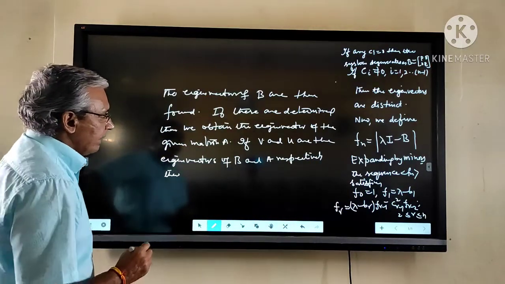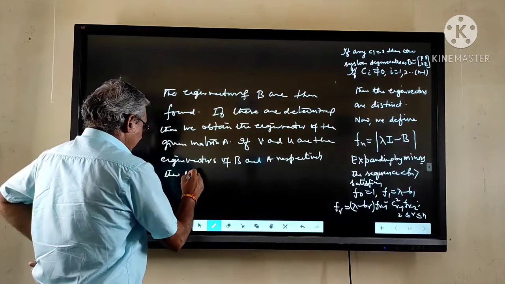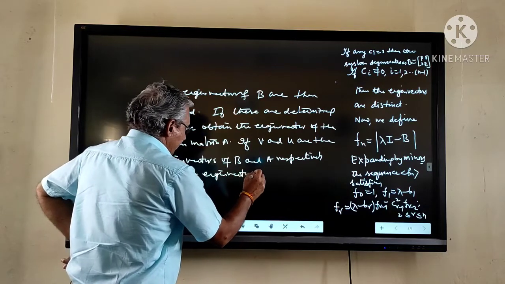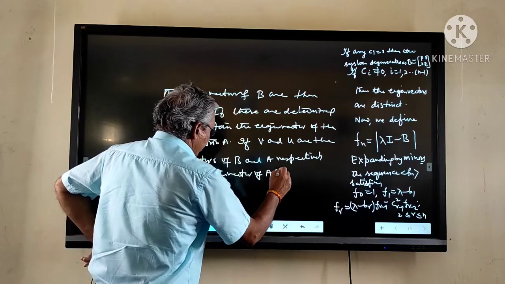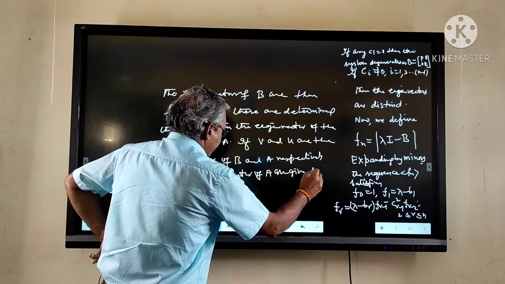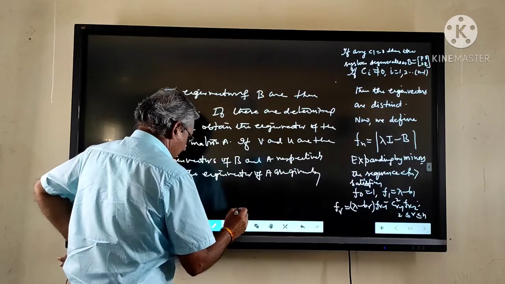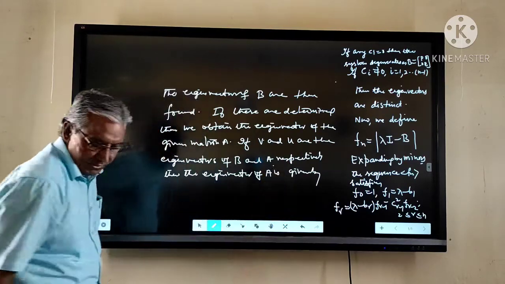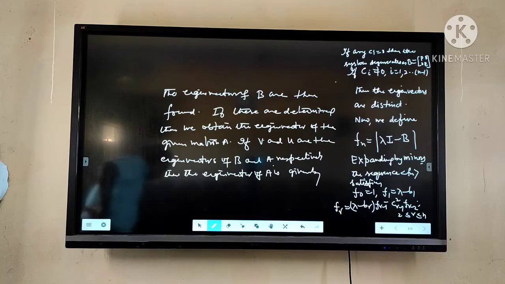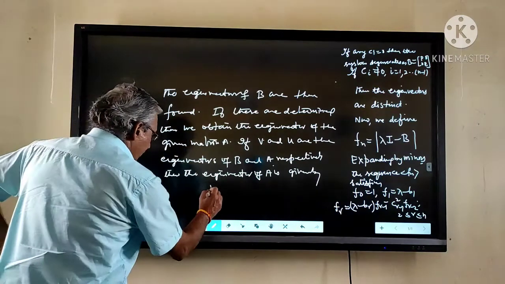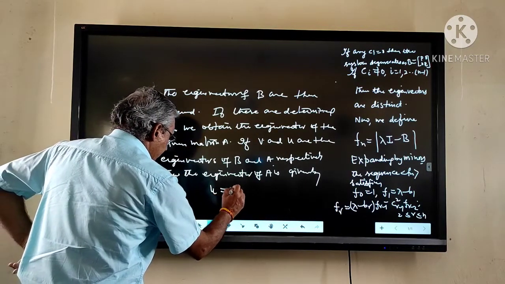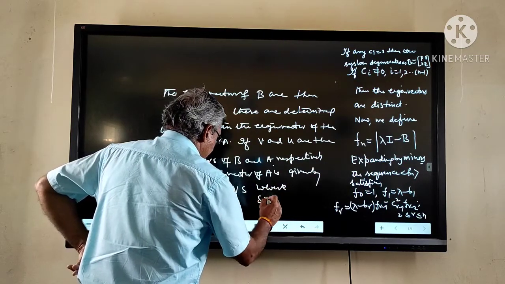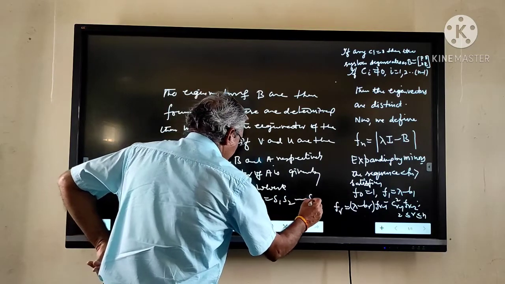then the eigenvectors of A are given by U equals V into S, where S equals S1, S2 and so on Sj.